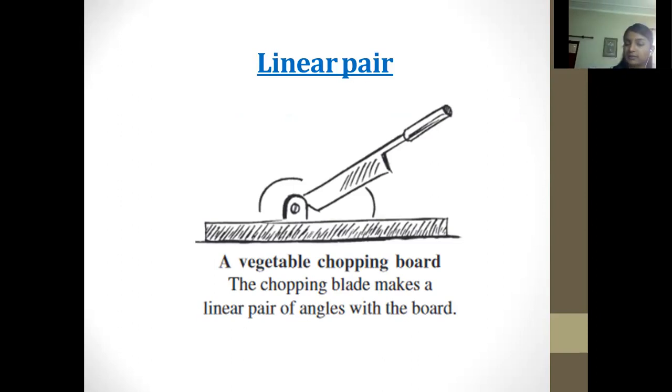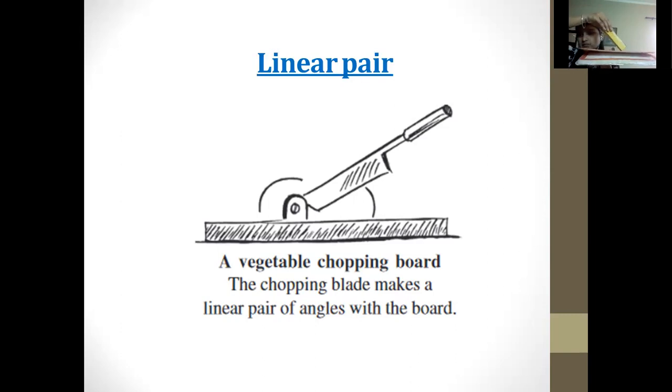Let us understand how it makes a linear pair. They have given the example of a chopping board. The chopping blade makes a linear pair of angles with the board. Suppose this is a chopping board and we have a chopper or knife here, and we are cutting like this.